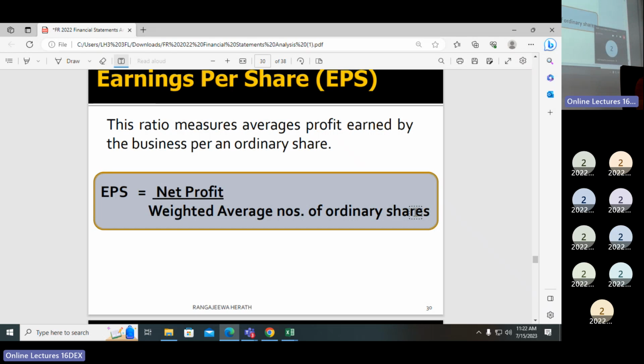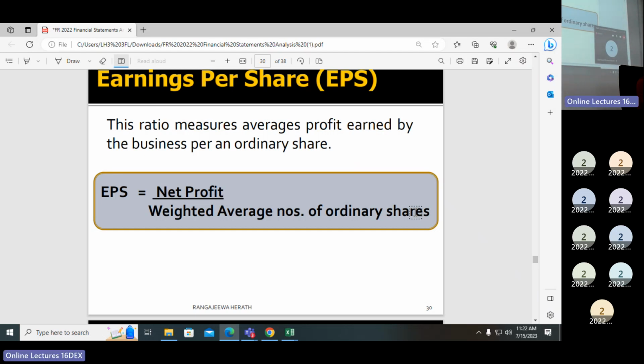The net profit for the year divided by number of ordinary shares. This number of ordinary shares may be the weighted average number of ordinary shares if there is a share issue during the year. If there is no share issue, no movement of the share, then opening and closing are the same number of shares, you just take the year-end number of shares.